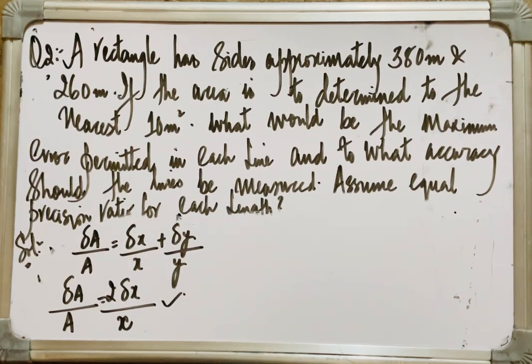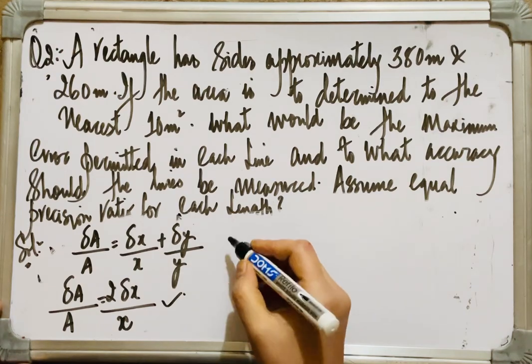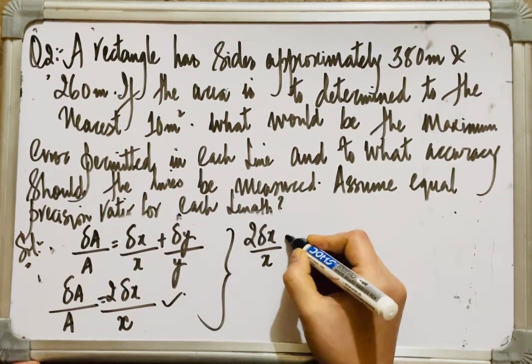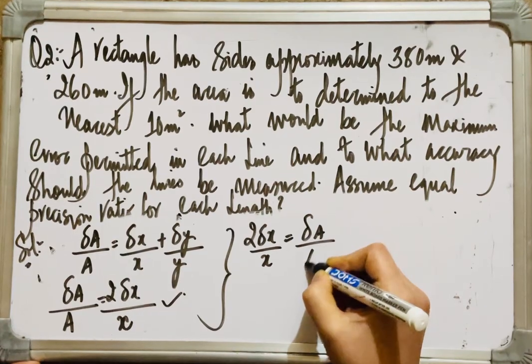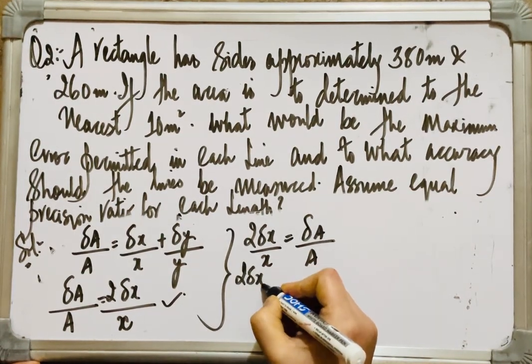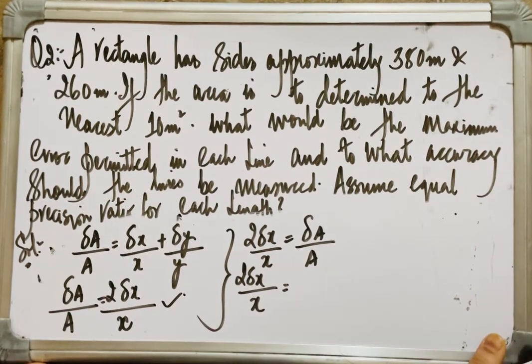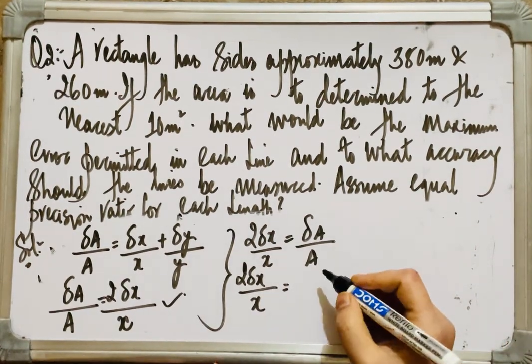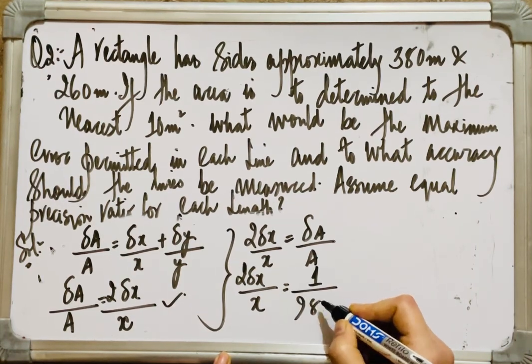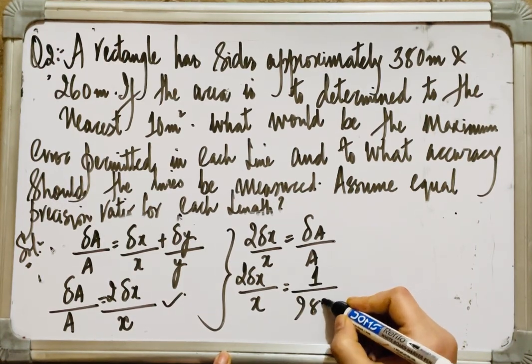That means that we have calculated this. It was how much? It was 1 by 9880.